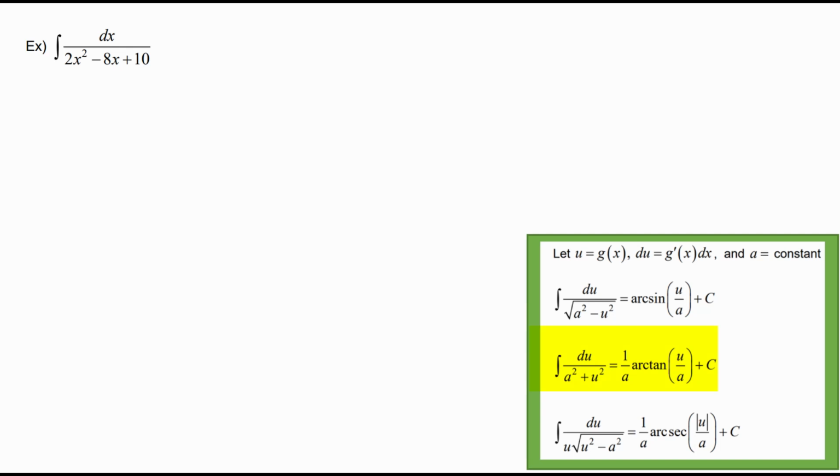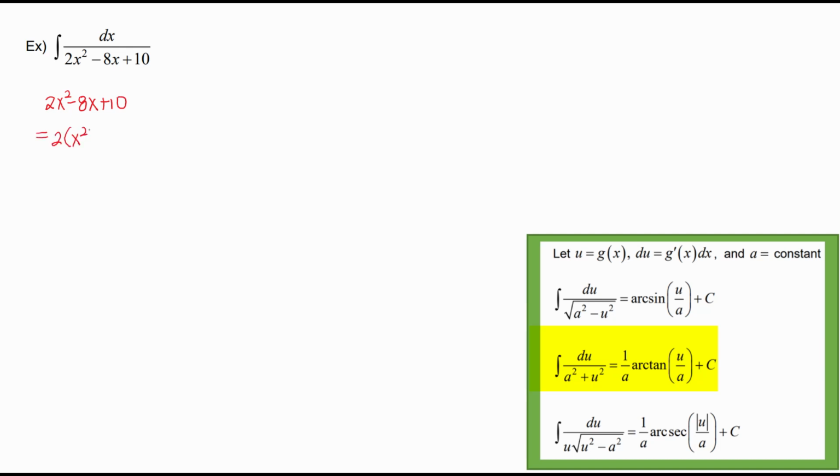Oh, didn't we have to review how to complete the square? So this is where we have to complete the square. Now, first off, with the 2x squared minus 8x plus 10, we can factor out the 2, right?